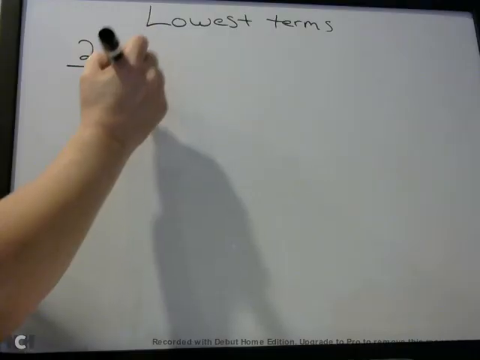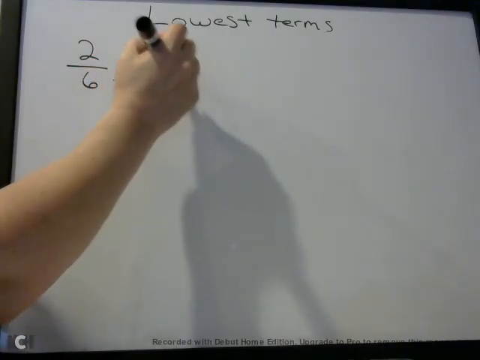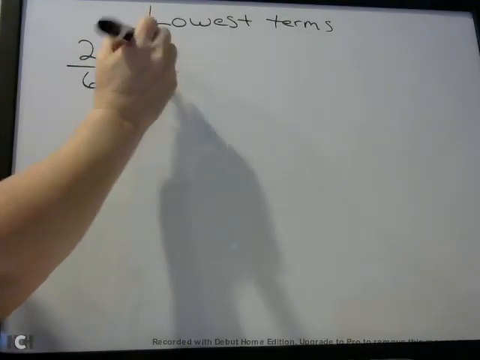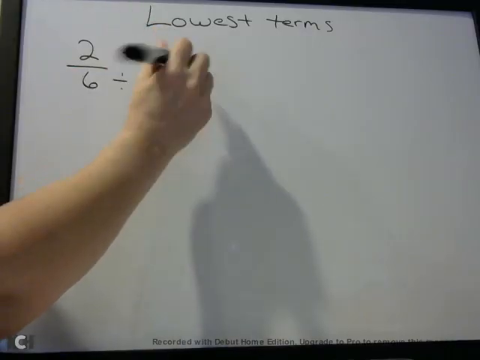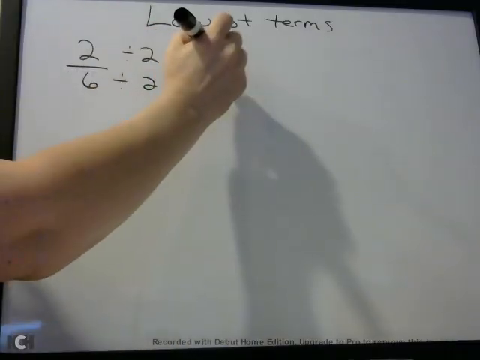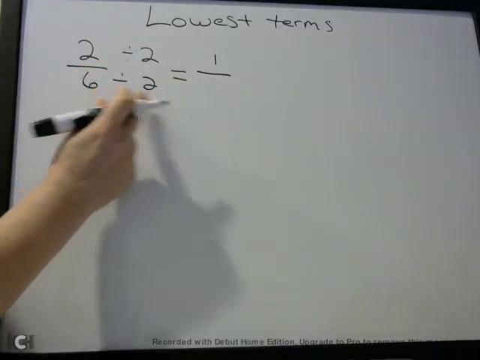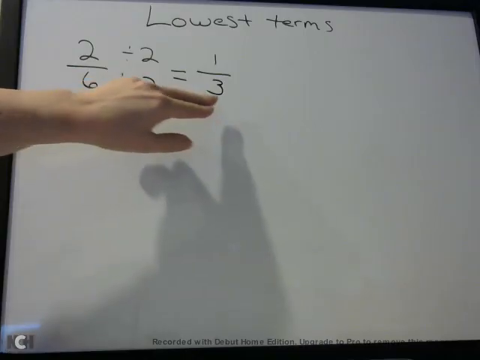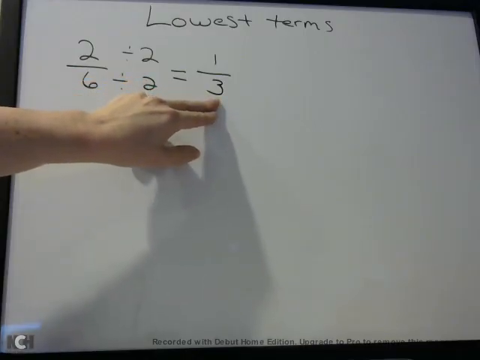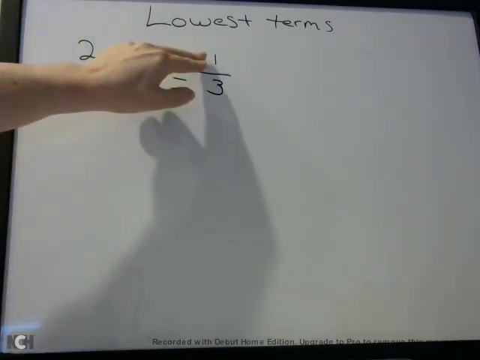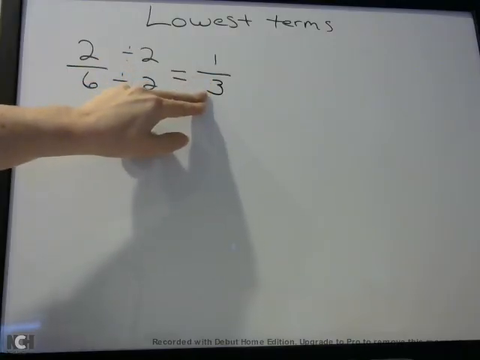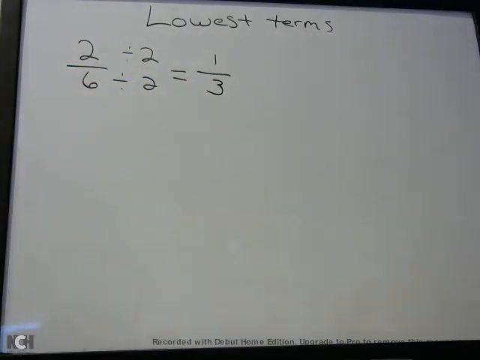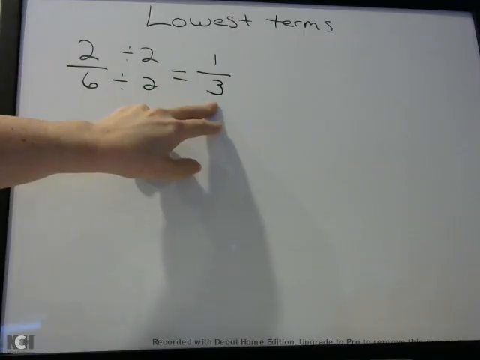So if we divide the numerator by 2 and divide the denominator by 2, 2 divided by 2 is 1, and 6 divided by 2 is 3. So 2/6 in lowest terms is 1/3, because now you see that you have 1 and 3. Those numbers cannot be divided by the same number evenly, aside from 1, and 1 doesn't count. So this fraction is in lowest terms.